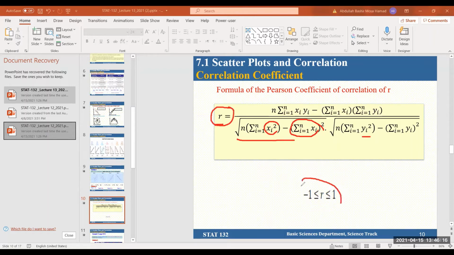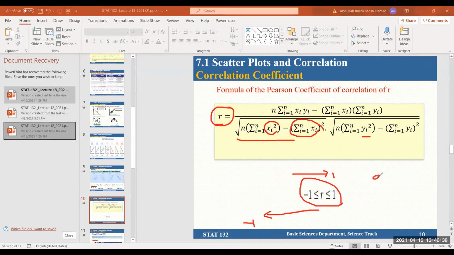R should be between -1 and 1. If R is close to 1, then it is a strong positive relation. If R is very close to -1, then it is a strong negative relation.